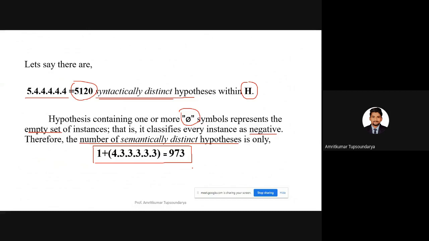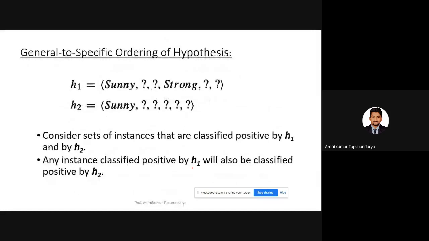Having said that, let us move forward and understand the general to specific ordering of these hypotheses. As the title suggests, we are going to see how it can be computed: how can we go from a general hypothesis to a very specific hypothesis?